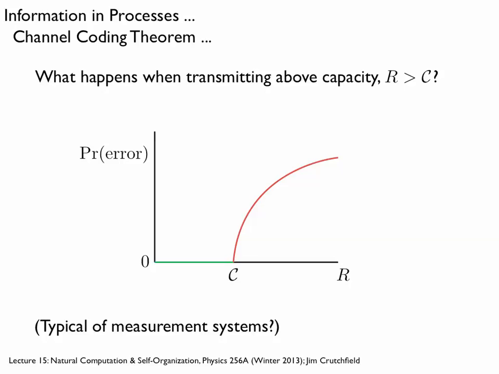And it seems like this is probably typical of measurement systems. Nonetheless, we are able to learn things about the world and move through it and be effective, like the housefly is, right? So it's kind of an interesting puzzle. There are a number of things in information theory that are very suggestive to us.